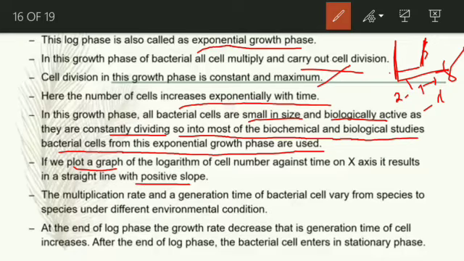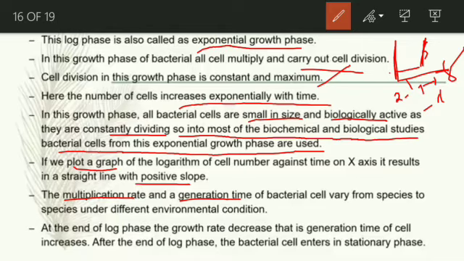What is this multiplication rate? And what is this generation time? Generation time means, for example, if 2 bacteria become 4, the time taken to double its population is called the generation time. How fast it is multiplying is the multiplication rate. These will all be discussed in the next video.